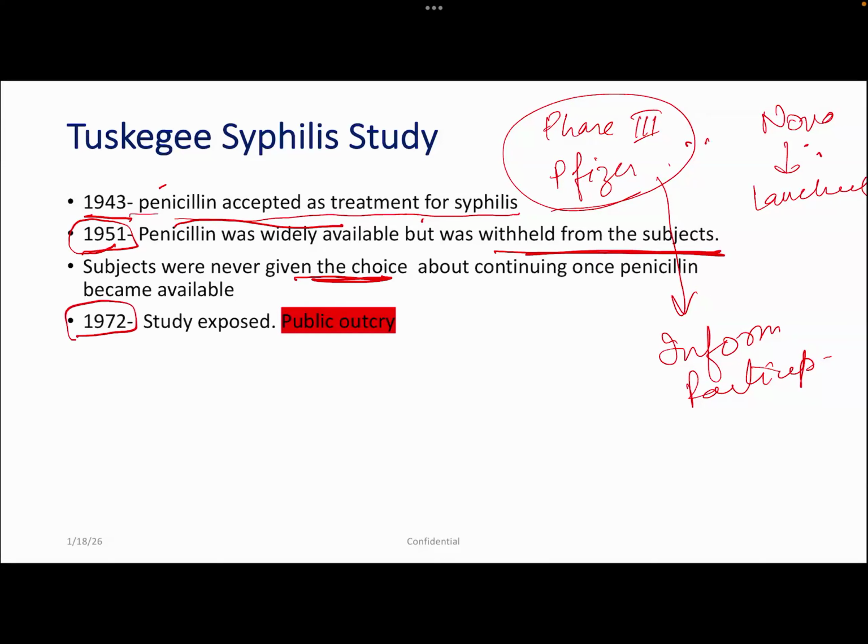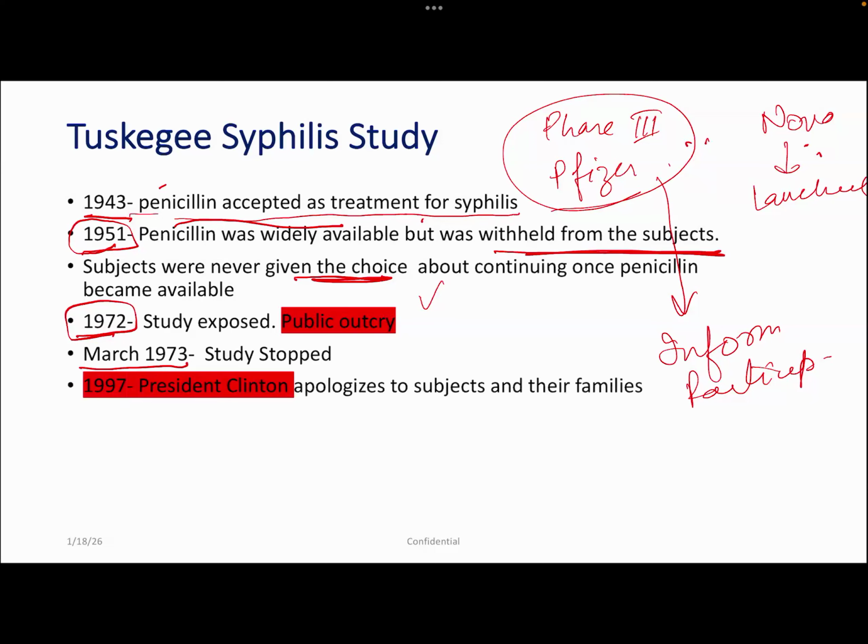In 72, some journalists exposed it and published it in a newspaper, and then it became a public outcry: how did this happen for 40 years in a government hospital? So finally in March 73, this study was stopped.